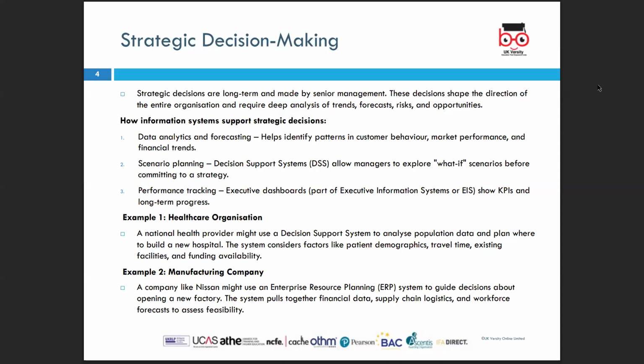Performance tracking, so executive dashboards, for example, allow them to show the KPI and long-term progress. One example could be a healthcare organization, where a national healthcare provider might use a decision support system to analyze population data and plan where to build a new hospital.